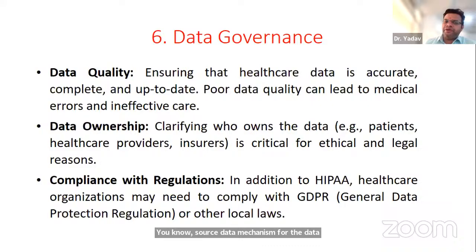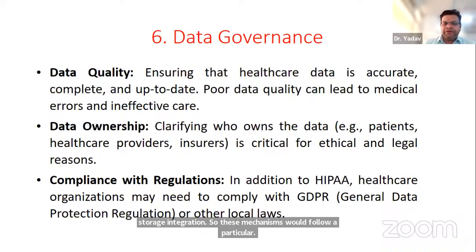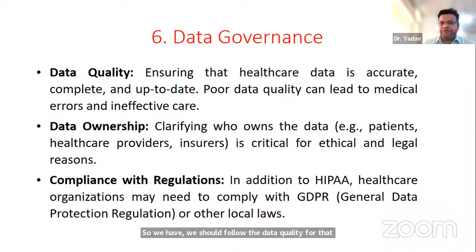These mechanisms should follow a particular mechanism for compliance with the regulations. So we should follow a data quality mechanism, which ensures the healthcare data is accurate, complete, and up to date. Poor data quality can lead to medical errors and ineffective care, because in data science we generally say: garbage in, garbage out.